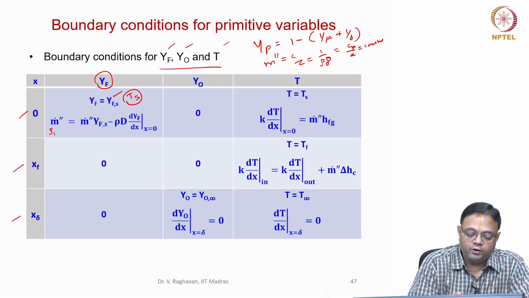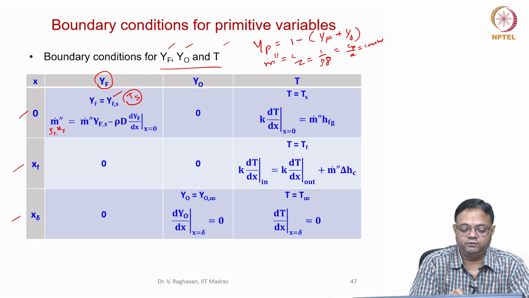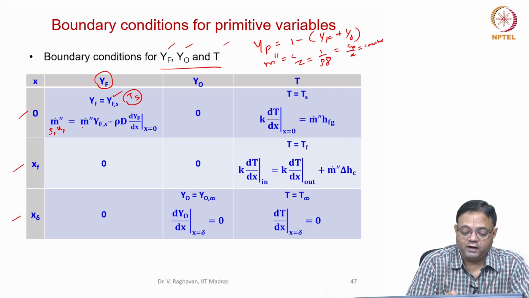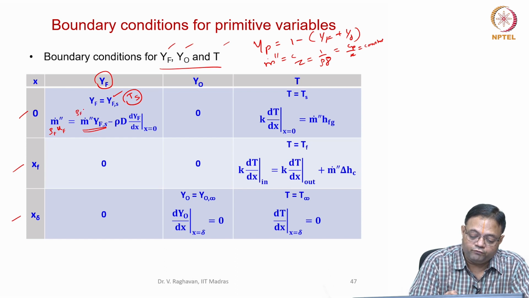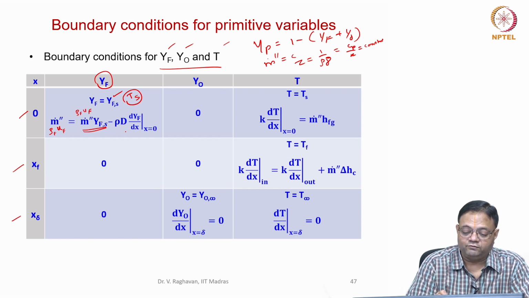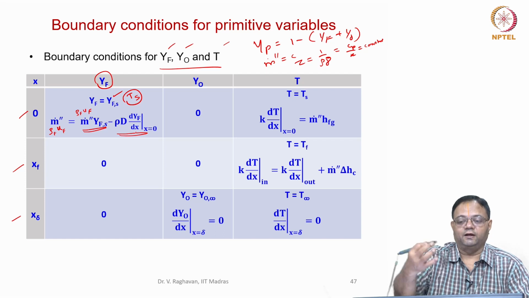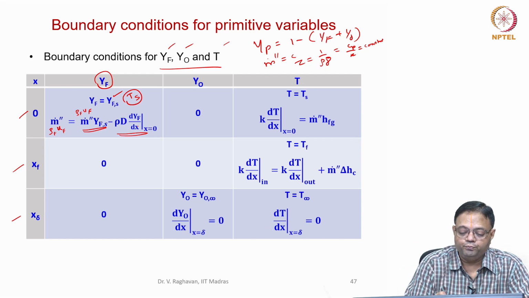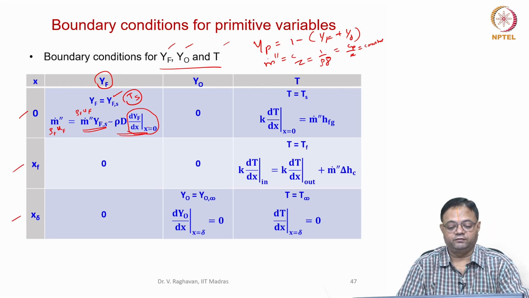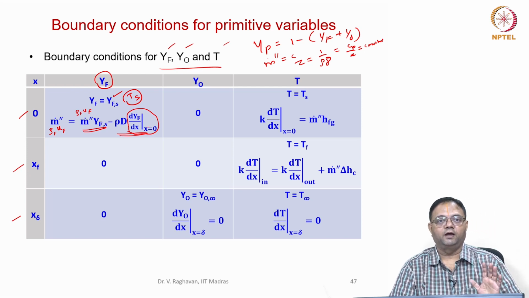Rho F Vf or Uf. U is the velocity, this is the mass flux. So that is convected. This is again rho F Uf, convected as well as diffused towards the gas phase. So diffusion depends on the concentration or mass fraction gradient at the surface. These are the two boundary conditions I have.